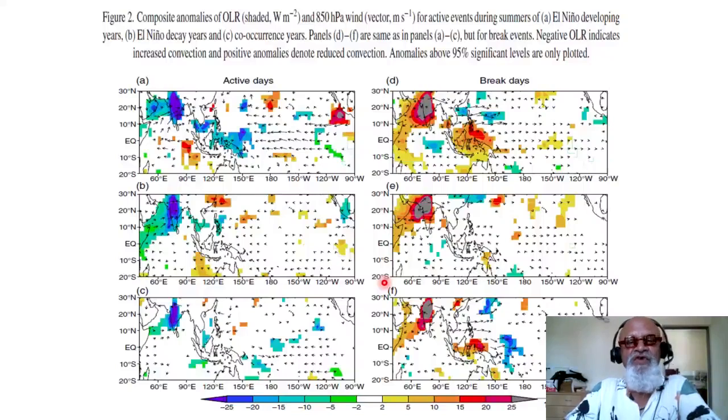Composite anomalies of OLR just again show certain signatures. Obviously, OLR is negative anomaly when convection is happening, and when it's anomalous dry conditions, then OLR will be positive, and so on. So I'm not going to spend time on it, but look at the patchy distribution of statistically significant signatures of active and break days during the growth and decay phase of El Nino, and during El Nino.